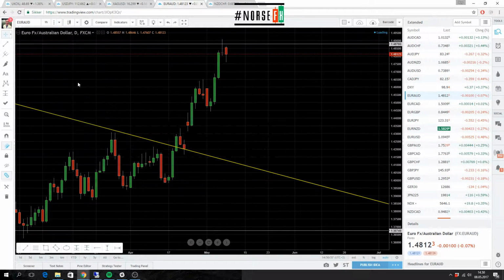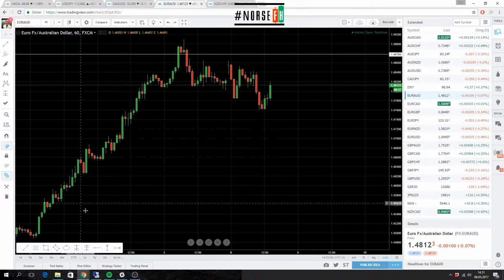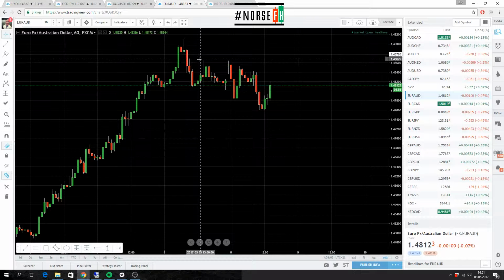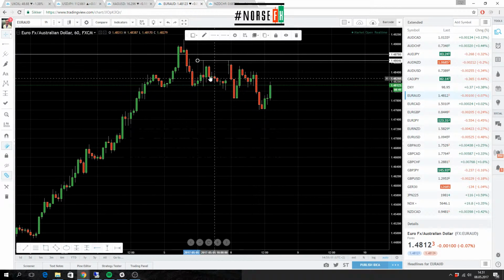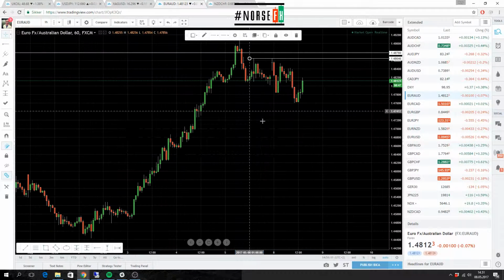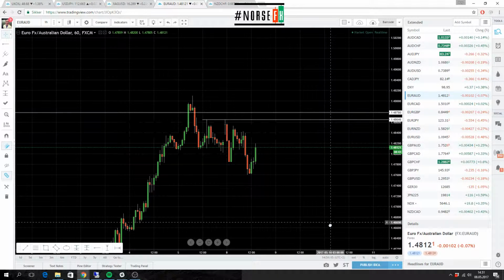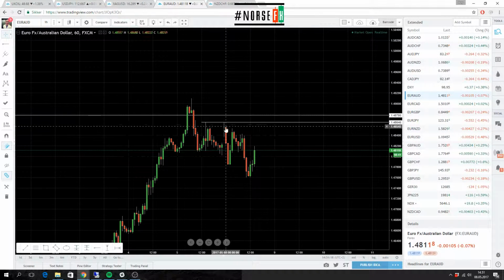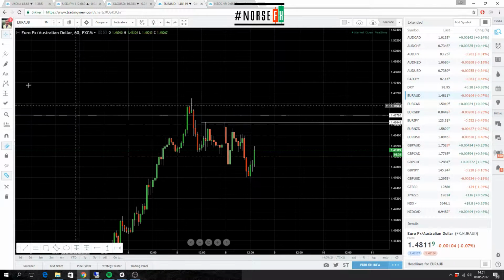But if we go down to the 1 hour time frame, as you saw in the video, I expected this high to get raided. On one of my feeds, this actually got raided, but now on TradingView we have a double top. So this right here is the double top, and so we know that stops are resting above this area.